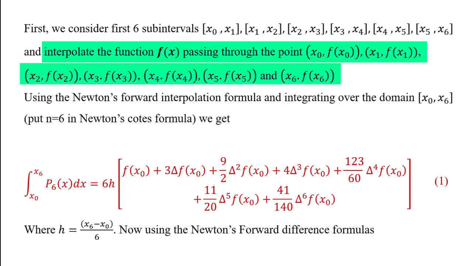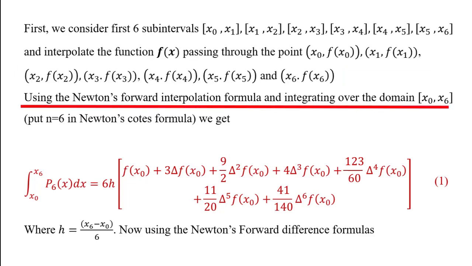So first of all, we will interpolate our function f of x over the 6 subintervals passing through the points x0 f of x0, x1 f of x1, and so on up to x6 f of x6.